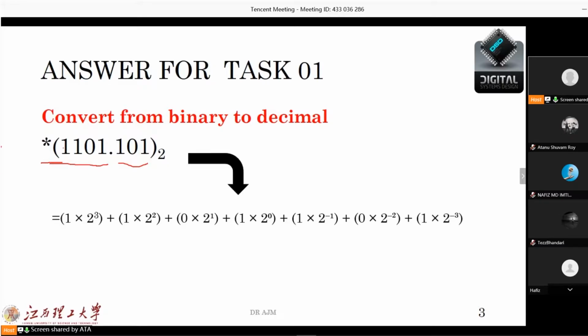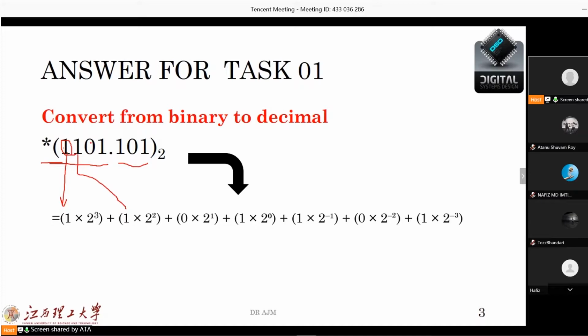Suppose the first number here is 1, how many numbers do we have after that? 3 numbers. Then it can be 1 multiplied by the base with the power of how many numbers remain in front.